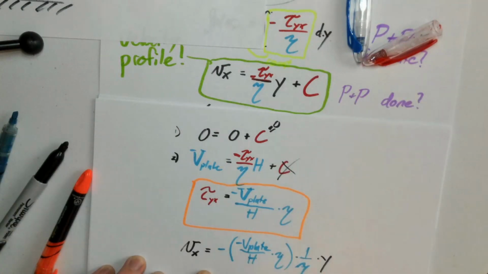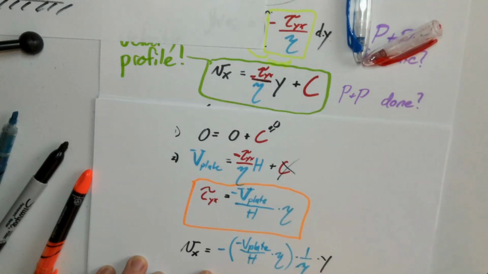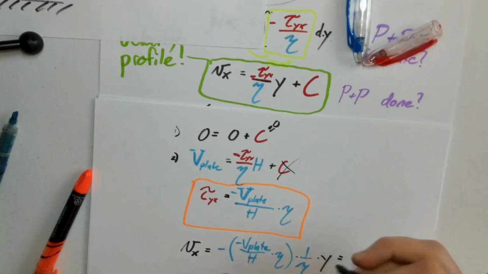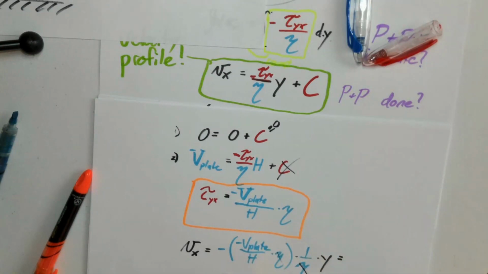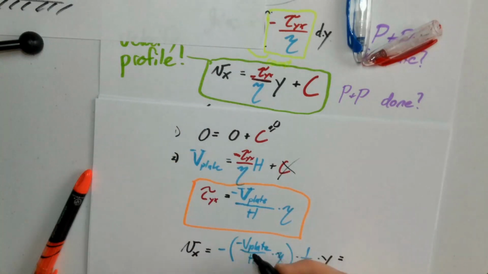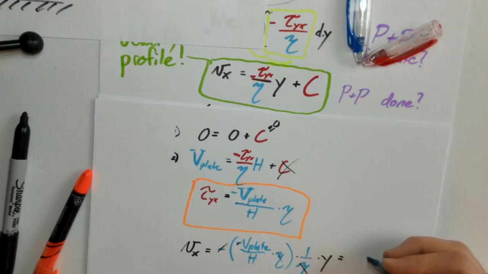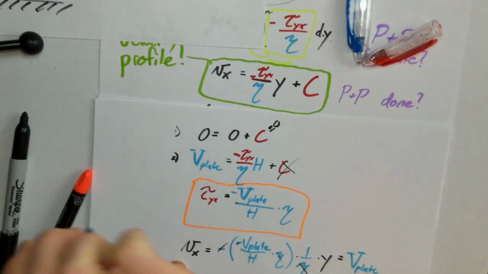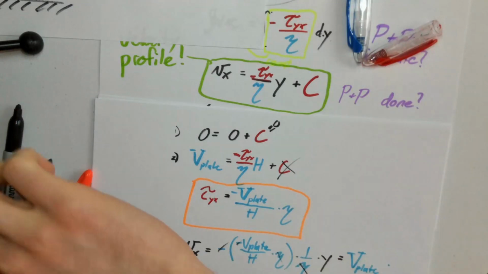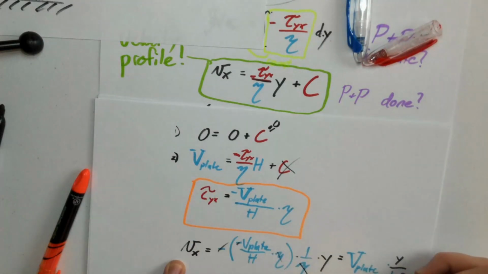And I'm already subbing in and not even bothering to include that plus c because we know it's 0. Hey, wait a second. We can make a couple of cancellations here. If we notice this eta cancels with this eta, and this minus sign cancels with that minus sign. So what do we have here? Vx is equal to V plate times y over h.